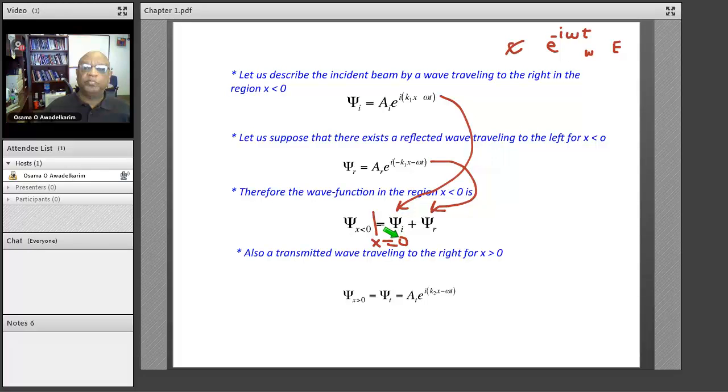And then also evaluate this wave function at x equals 0.